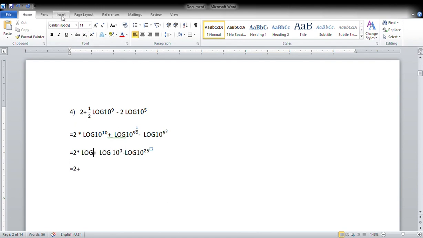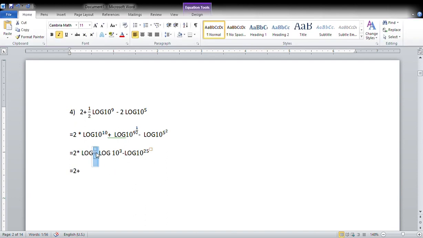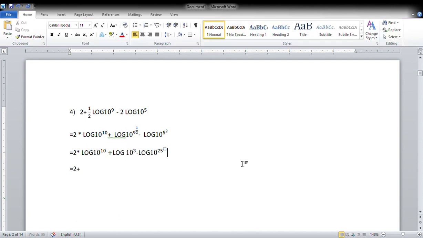Just a minute, log 10, sorry, log 10, just a minute, log 10 with the base 10, plus, that means in both cases 10 is the power, right? That means 2, right? So 2 multiplied, make a multiplication there.